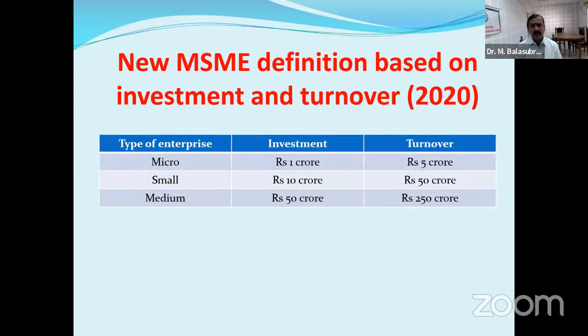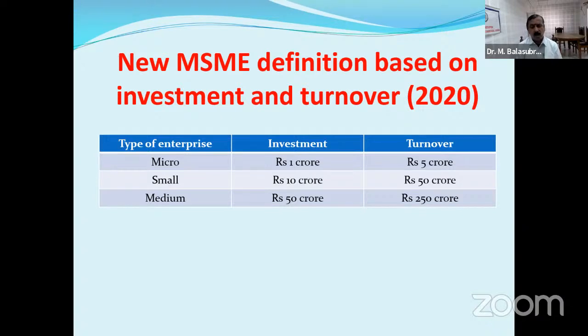New MSME definition based on investment and turnover. Initially, it was based on certain other factors, but in 2020, an enterprise is called micro if the investment is less than 1 crore and turnover is less than 5 crores.